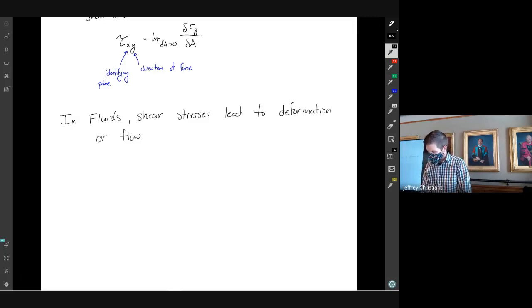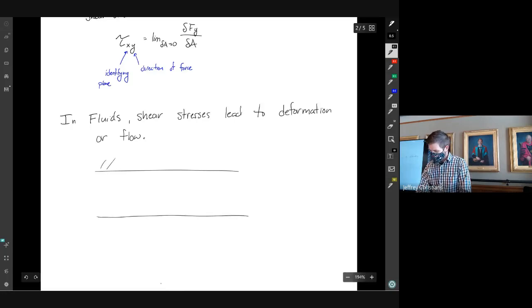Our thought experiment, and we keep coming back to this because it's the easiest to think about, would be if we have fluid in a channel like this. So let's call this the y direction, and that the x direction.